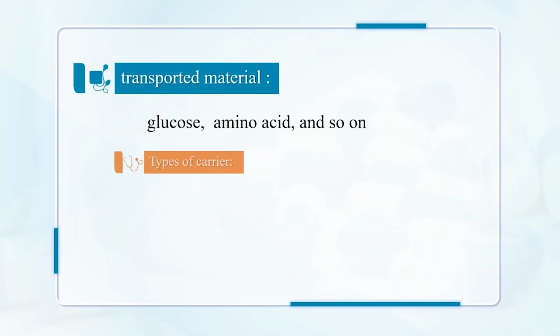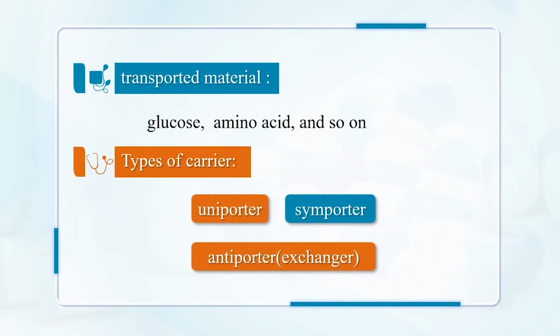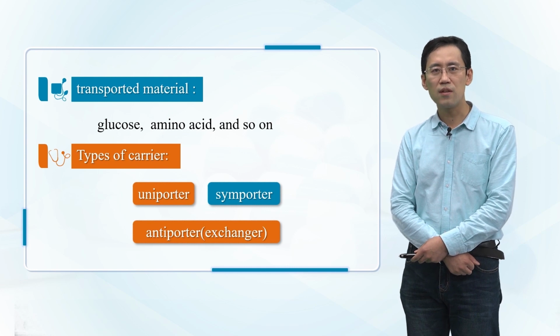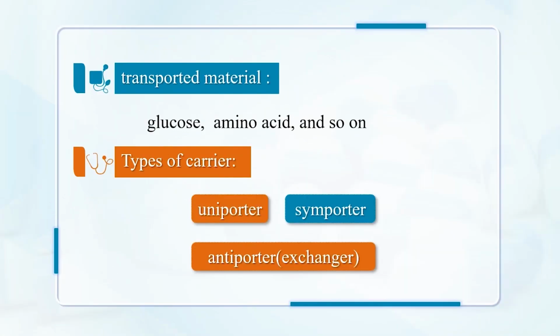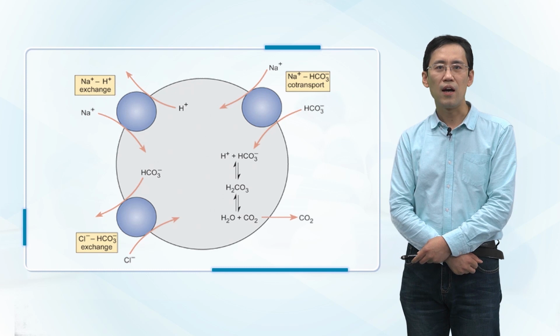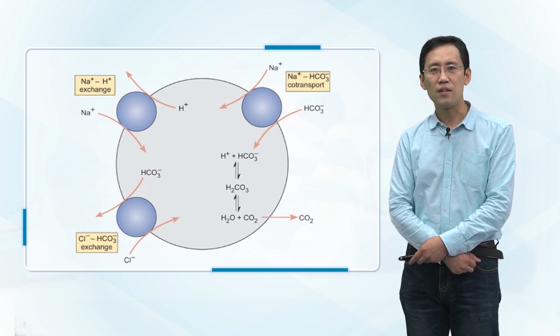The substances transported by carrier-mediated diffusion include glucose, amino acids, and so on. The types of carrier include uniporter, symporter, and antiporter, also called exchanger. In this picture, there are some symporters and antiporters.